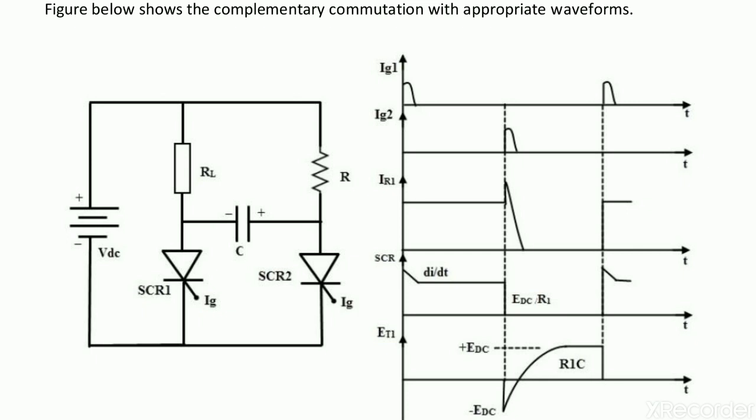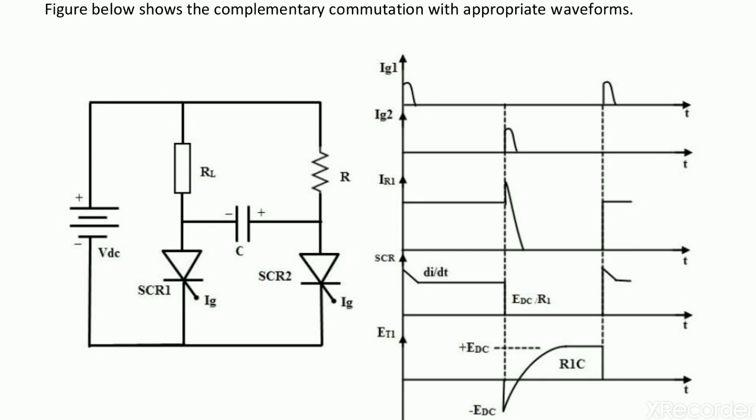So what exactly happens in the circuit, or how do we commutate the SCRs one by one? Initially both the SCRs are in the off state, that is SCR1 and SCR2 are off. At that time the voltage across the capacitor is almost 0.